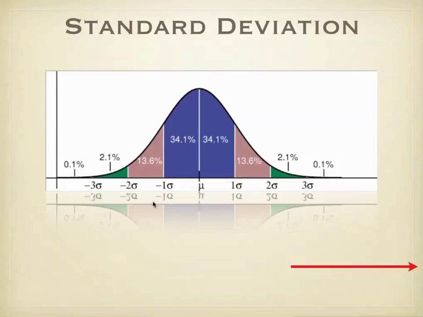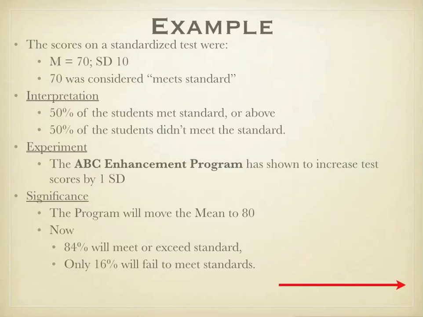You would go all the way back to here and add up all of these numbers. 84% in total scored below one standard deviation above, and about 16% scored above.